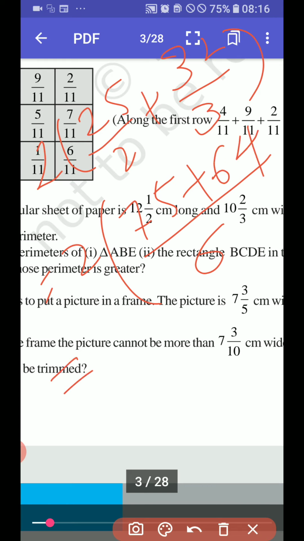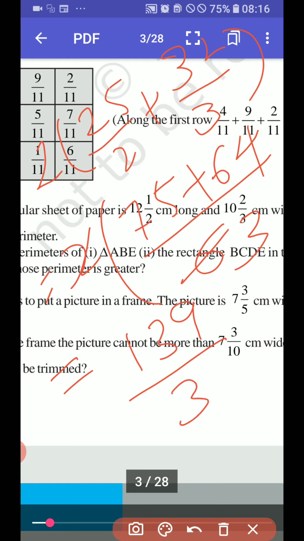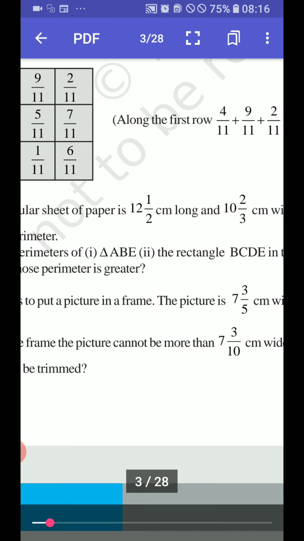You can cancel 6 by 2, 2 times 3 is 6. 75 plus 64: 5 plus 4 is 9, and 7 plus 6 is 13, so 139 upon 3 centimeter is your answer.